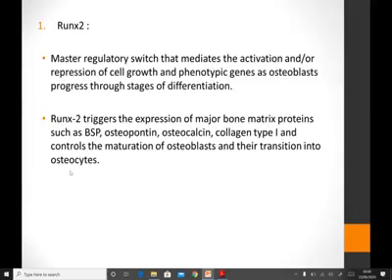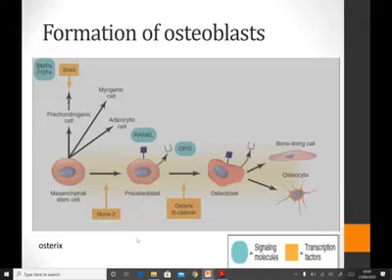Okay. So as I mentioned, we have a very important transcription factor RUNX2, the runt related transcription factor 2, which pushes or allows the mesenchymal stem cell to differentiate into a pre-osteoblast.